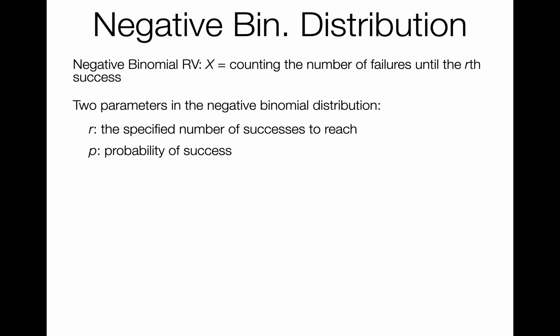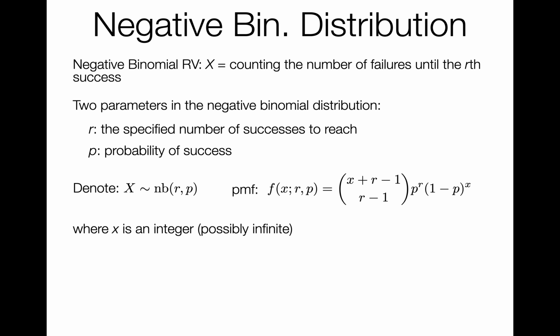So instead of n and p, we now have r and p. We denote a random variable that has a negative binomial distribution like this, with the tilde, where you put the parameters inside the parentheses next to whatever you want to call that distribution.